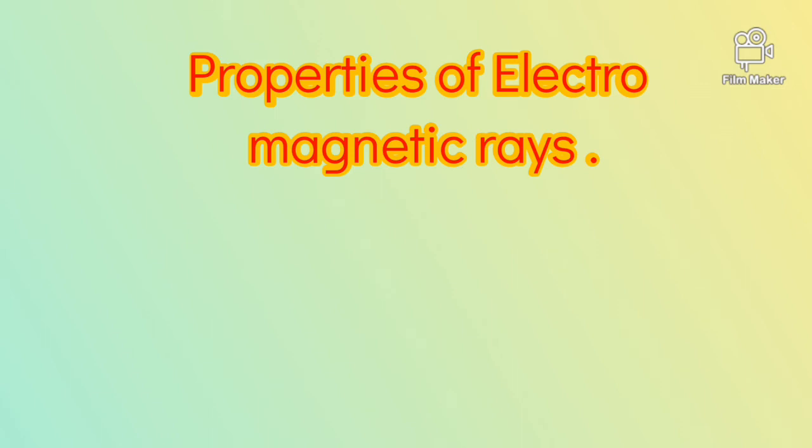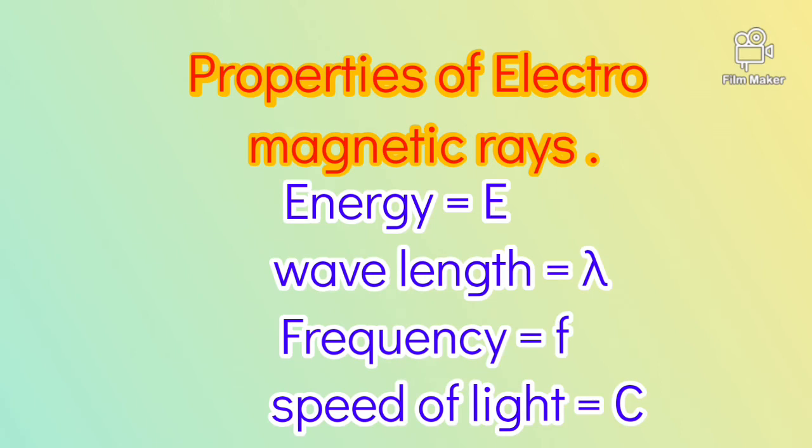Then we will consider the properties of electromagnetic rays. Electromagnetic rays consist of an electric field and a magnetic field. We are considering the energy, wavelength, frequency, and speed of light. The energy is E, wavelength is lambda or L, some people use L, some people use lambda.